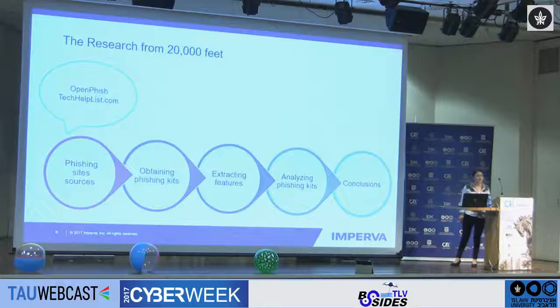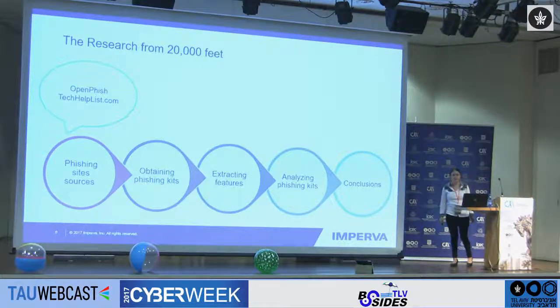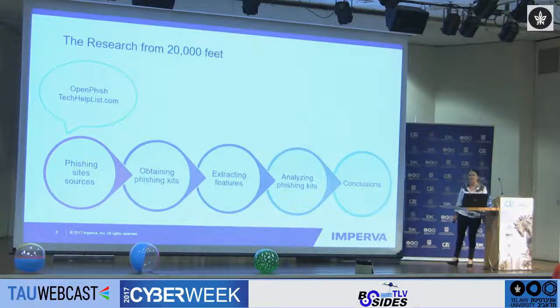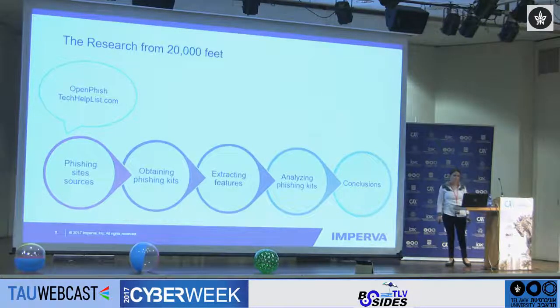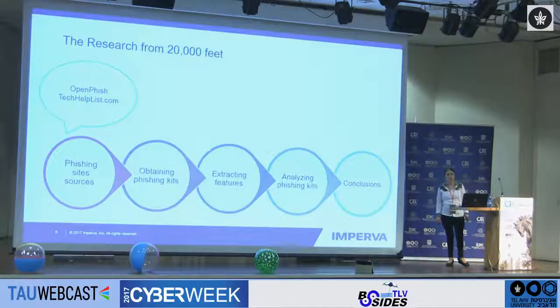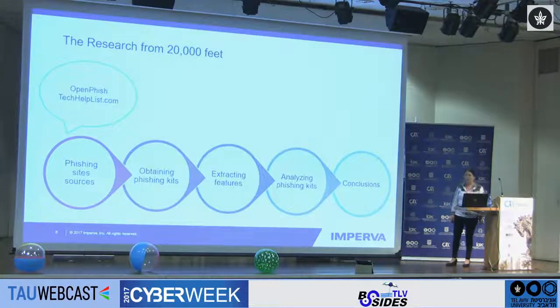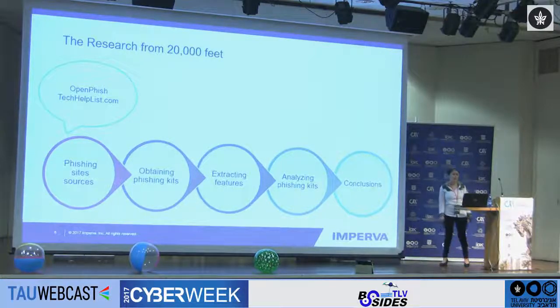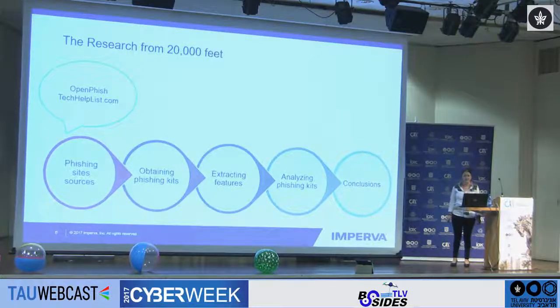After I explained the basic flow of phishing attacks based on a phishing kit, I will explain the high-level flow of our research. The first phase of research is to find a source for phishing pages and their kits. We use two different sources: OpenPhish Feed for the 0-day phishing sites, and techhelplist.com for long-lived phishing sites.